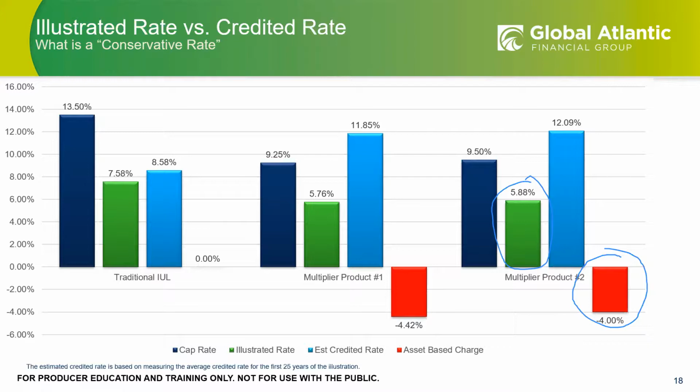Kyle, are there other questions beyond that there? I think one of the questions that we got, and I think it's a good one, is that he didn't see necessarily the benefit of the multiplier compared to a traditional IUL structure.